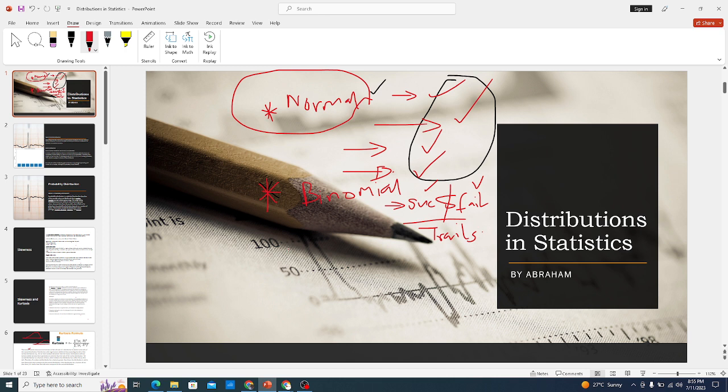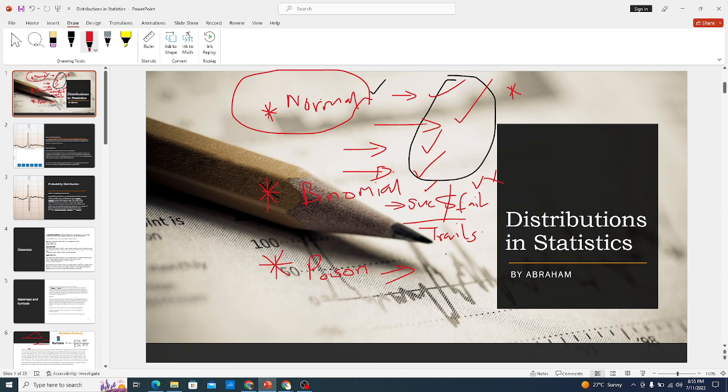Okay, nice. We also need another type of distribution, and we learn about the Poisson distribution. During our study, you'll see that we have different properties of these distributions.